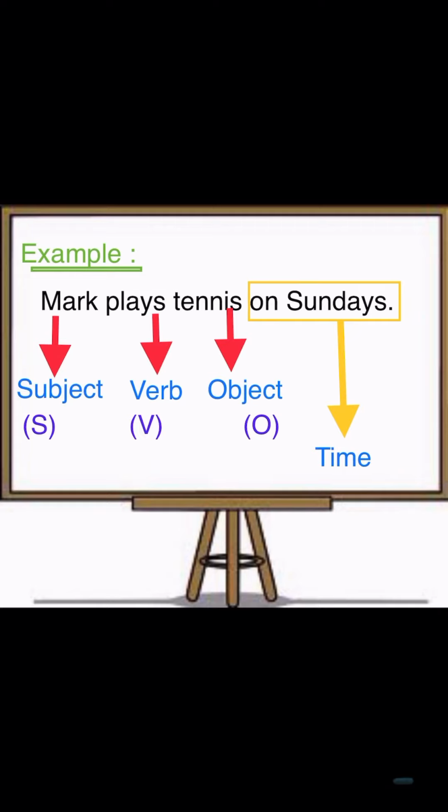Of course, in a sentence, we have to have one subject, one verb, and maybe one object or more. And on Sundays is an adverb of time to show time.